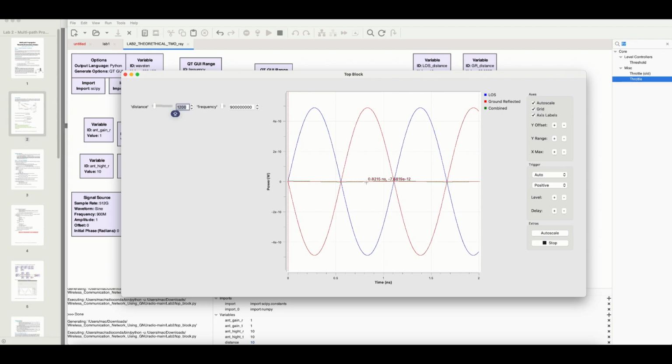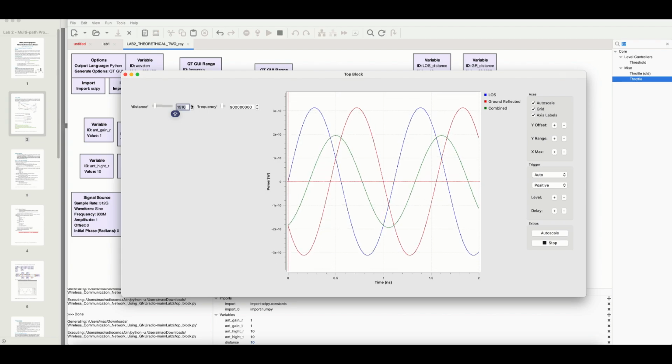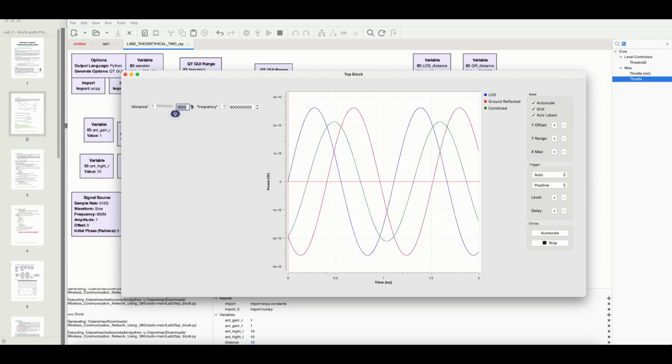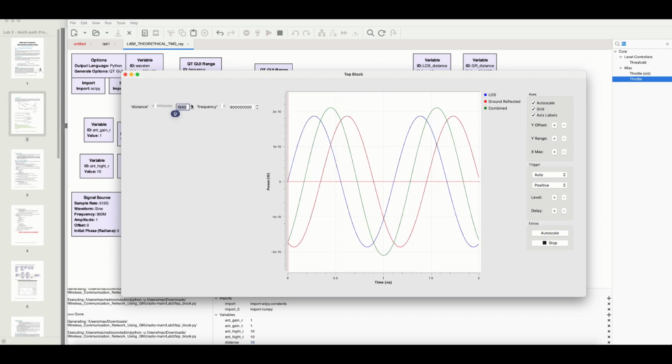Your receiver will not receive any of that signal. So that's the idea behind constructive and destructive interference. Now, when I start increasing the frequency, you can clearly see that you start seeing constructive interference happening, and so on.